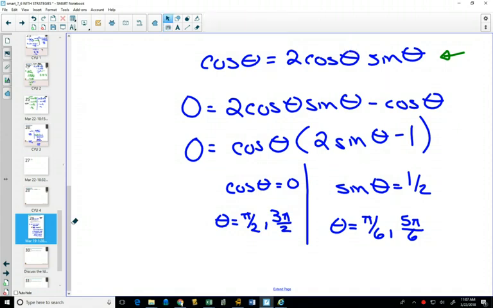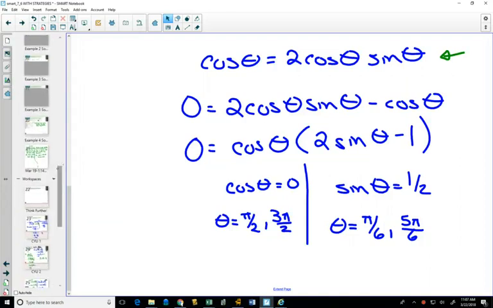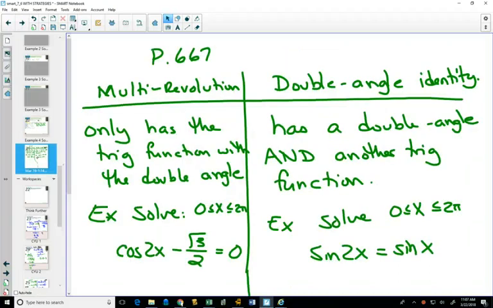Now, the next set of notes that we're going to add to this is with double angle identities. And the problem that occurs with double angle identities is when you have a question that says solve for x and it's cos 2x, you've seen questions like that before.